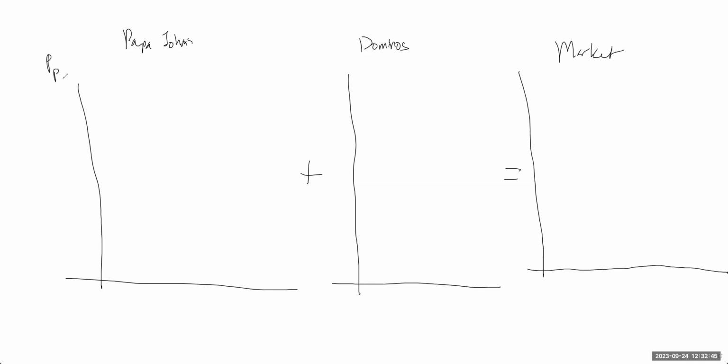There's a price for pizza, quantity for Papa John's, price for pizza, quantity for Domino's, price for pizza, and then big Q for the market. Papa John's adopted a specific pizza oven and specific recipe, so they have this supply curve. Domino's did something else, so they have this supply curve.